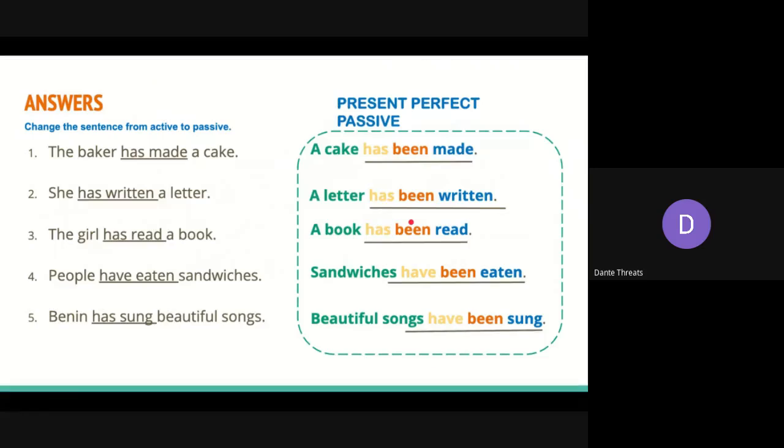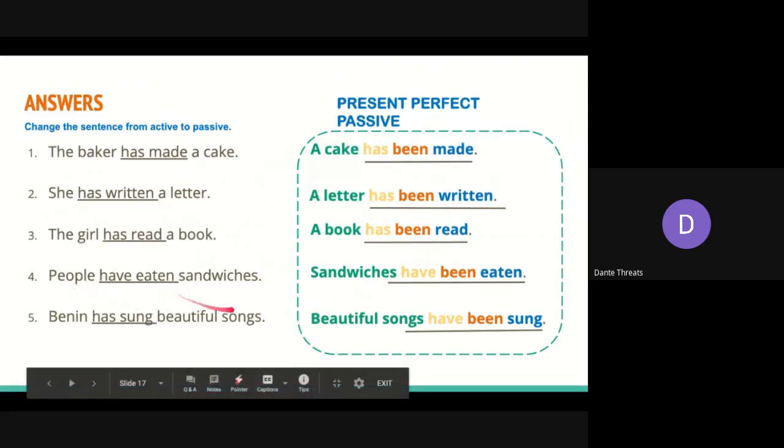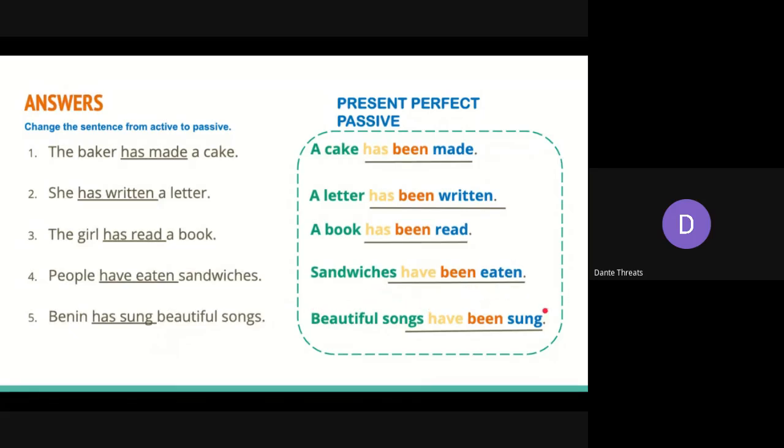And then finally, we change the verb to the participle. Okay. Number 4, people have eaten sandwiches. Sandwiches have been eaten. Benin has sung beautiful songs. Beautiful songs have been sung. Okay.